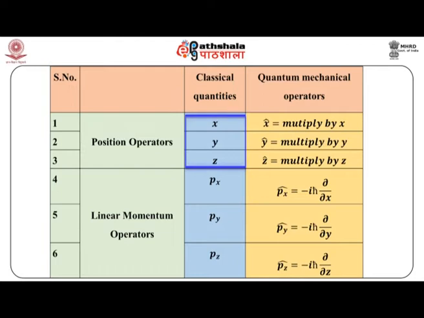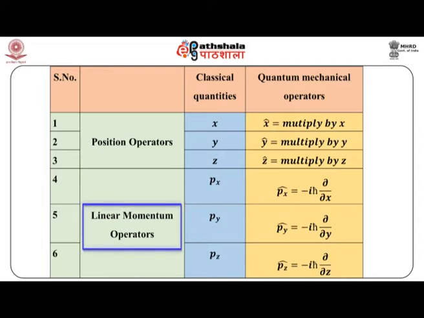Those could be x or y or z, and they are correspondingly written as x cap, which would basically mean multiplying by x. y cap would mean multiplying by y, and z cap would mean multiplying by z. So these are position operators.